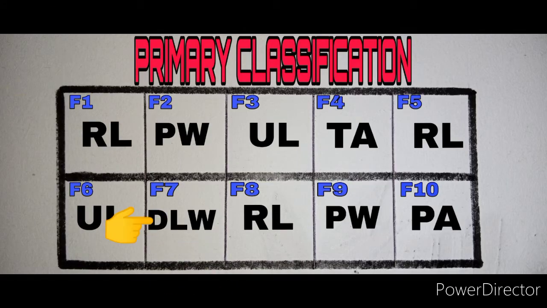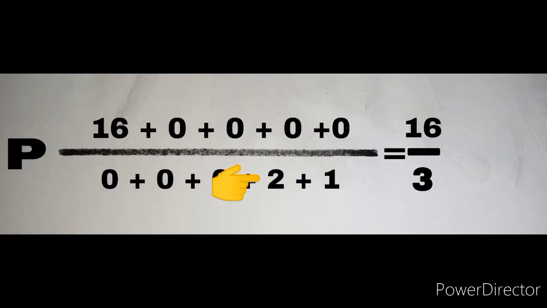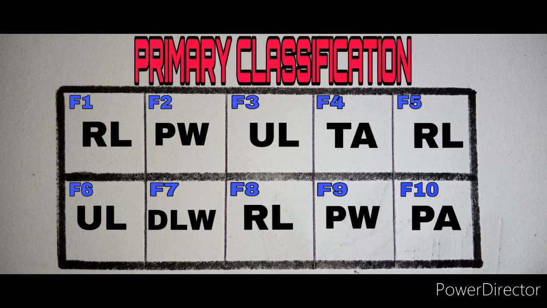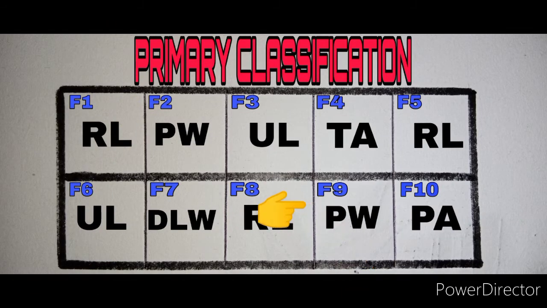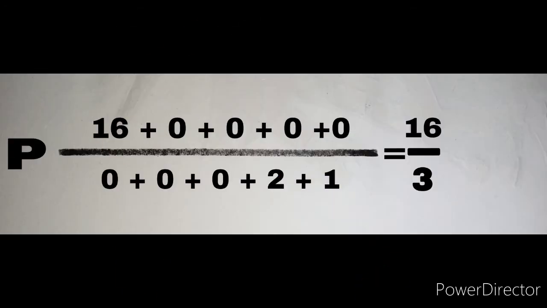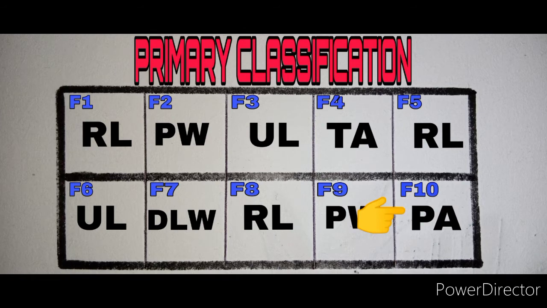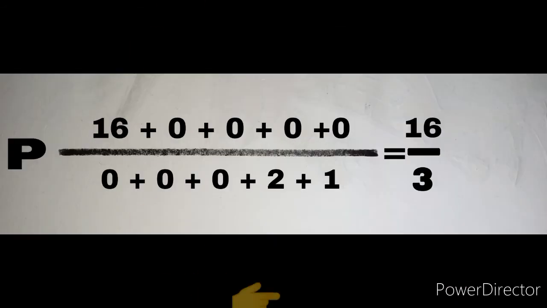Finger 7, double loop whorl, numerical value of 2, place to denominator. Finger 8, radial loop, 0, place to numerator. Finger 9, plain whorl, numerical value of 1, place to denominator. Finger 10, plain arc, 0, placed to numerator.